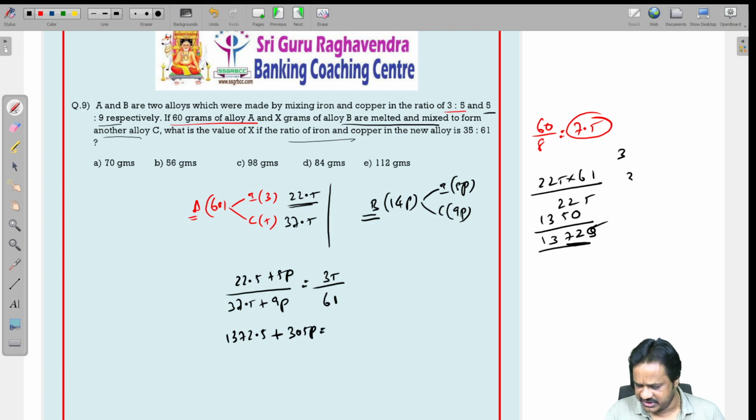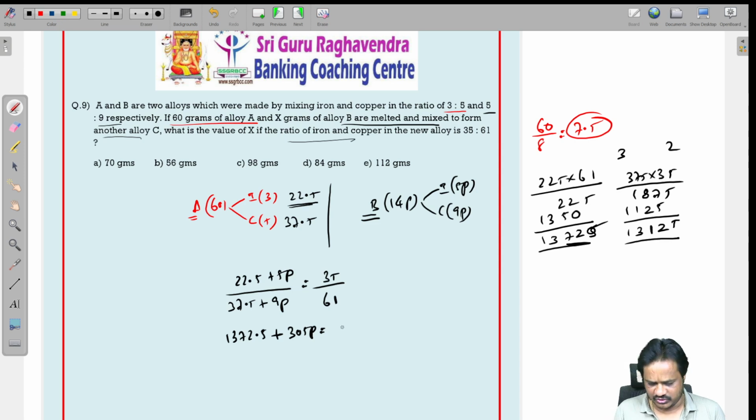Now 375 into 35, that gives 1312.5, plus 9 into 35, that is 315 parts.